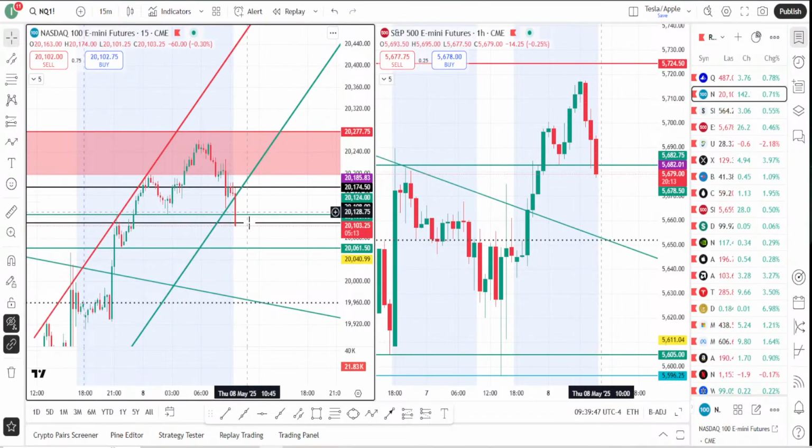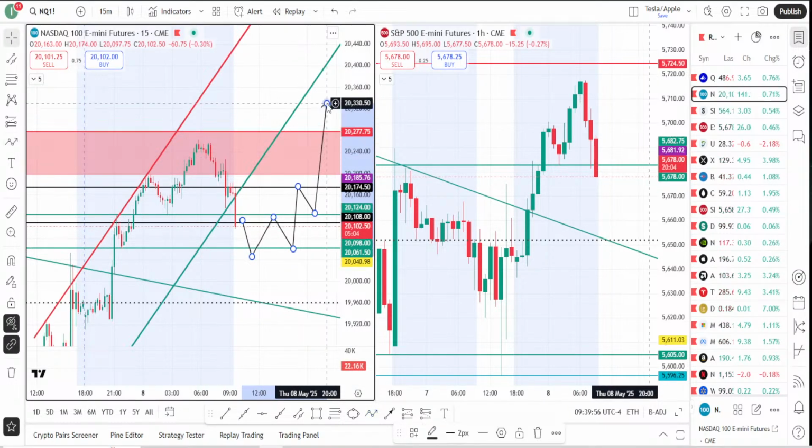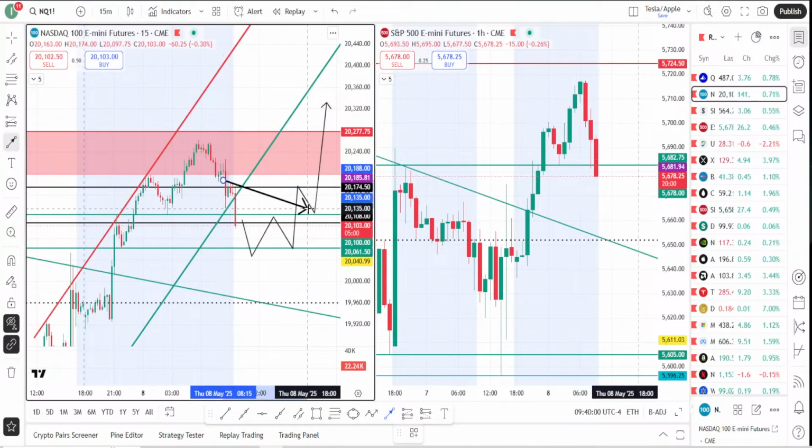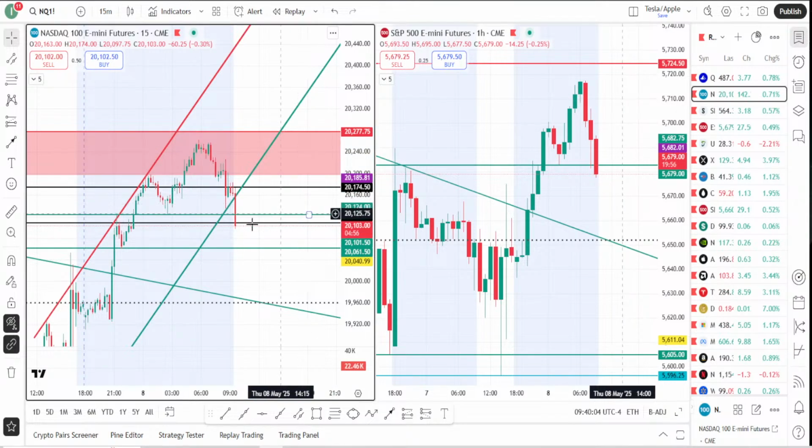So I wouldn't be looking to buy unless this support starts to hold and then price starts to reverse here. Okay, I'll look probably to buy over here if this starts to reverse there, but right now it's very bearish.